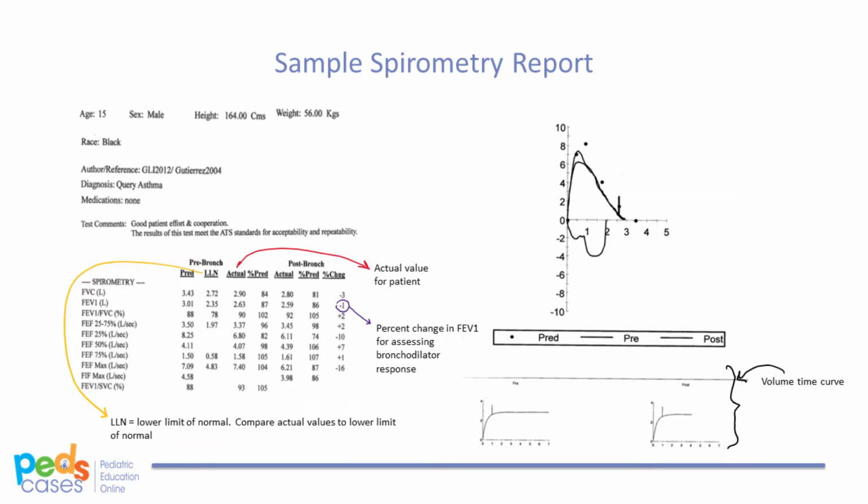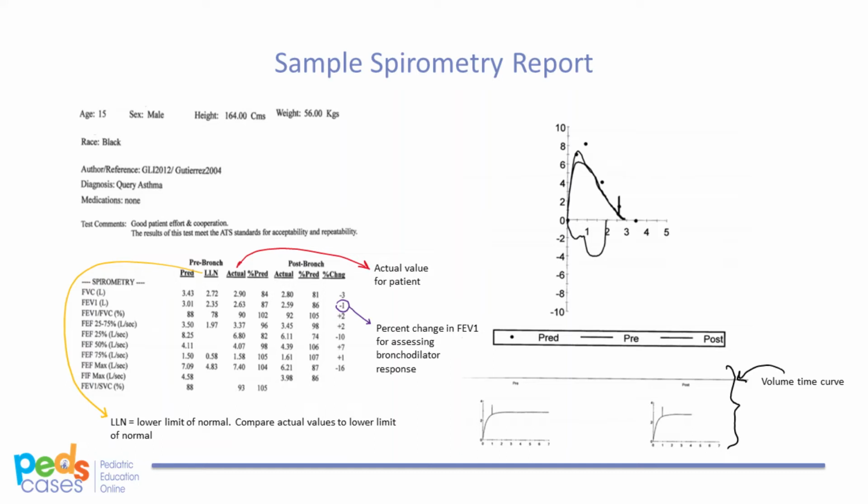A poor quality test may be reliable for some measurements, or it may be misleading and not worth interpreting at all. Of note, there are more detailed descriptions of the technical parameters for a good quality test, which can be found in the American Thoracic Society statements, but we won't discuss those further today.